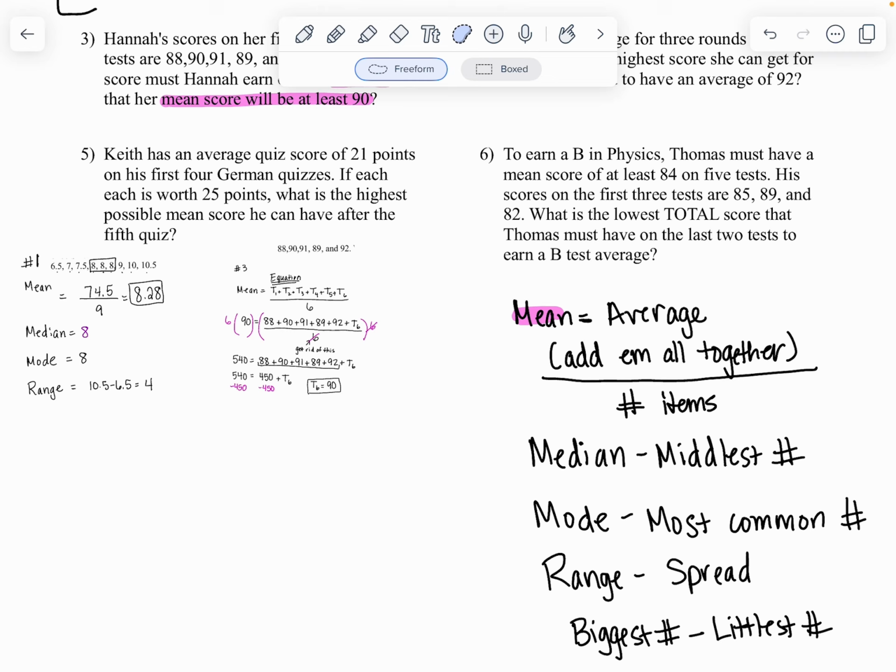He has an average quiz score of 21 points on his first 4 German quizzes. If each is worth 25 points, what is the highest possible mean score he can have after the 5th quiz?